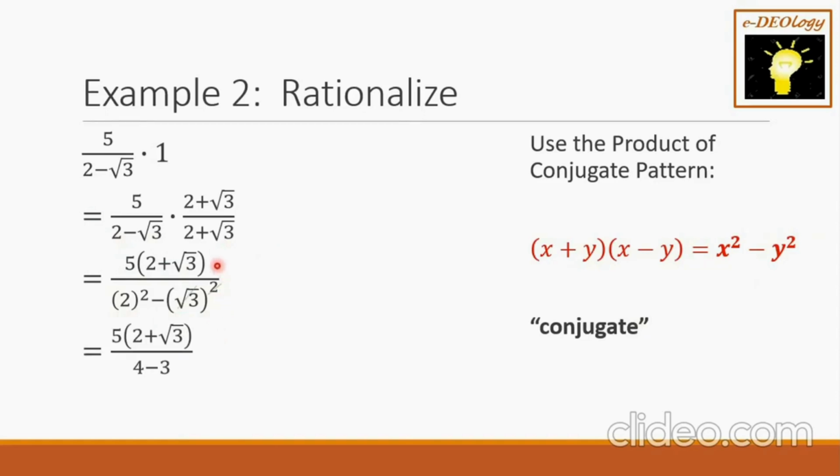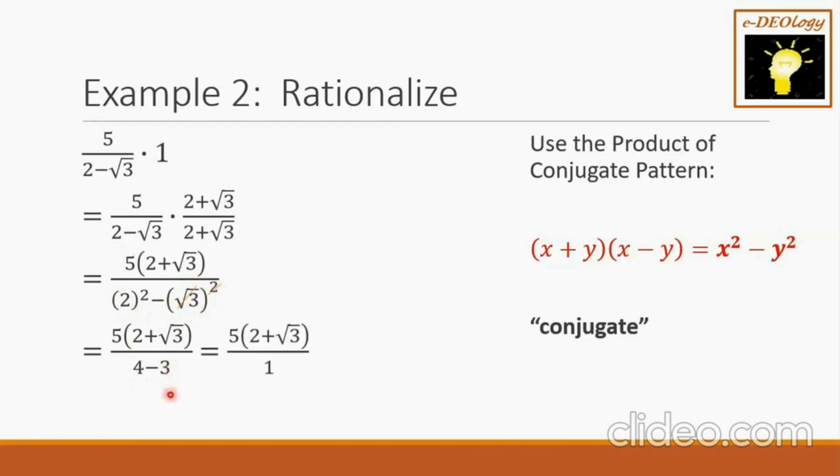The numerator we simply copy here. In the denominator, the 2 squared becomes 4 and then minus. The radical will be cancelled along with that power 2. Only the radicand 3 will come down here. So this is 4 minus 3.